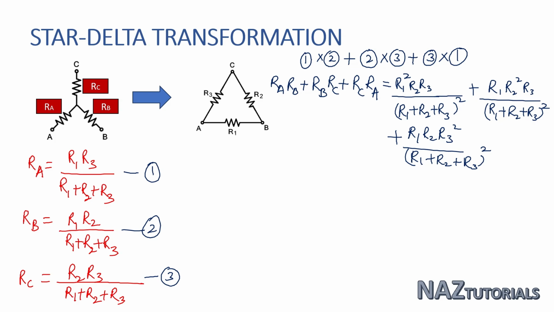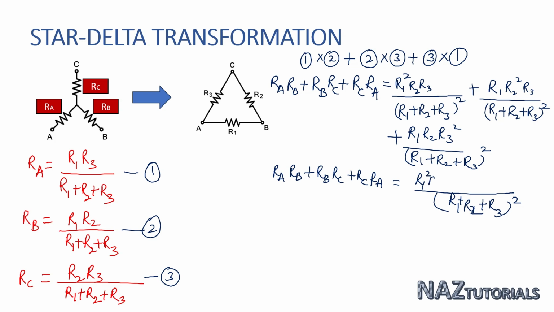So here we can write RARB plus RBRC plus RCRA. If you take the LCM, that is (R1 plus R2 plus R3) whole square, and in the numerator R1 square R2 R3 plus R1 R2 square R3 plus R1 R2 R3 square.